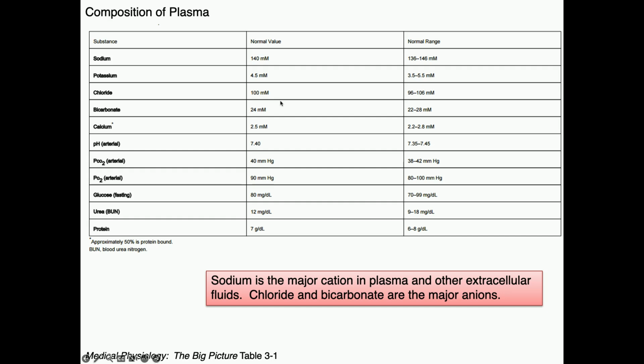I'm going to talk a little bit about chloride and its relationship with bicarbonate and how that buffers pH in plasma. You're going to get a lot more of this in the fall of your second year in the CRAB course, the cardiovascular renal respiratory acid base stuff. So I'll talk a little bit about electrolytes and pH, but you're going to get a much deeper discussion of that in year 2.